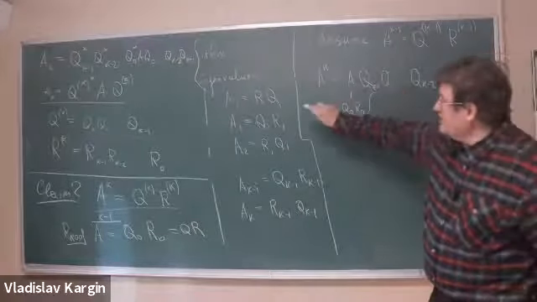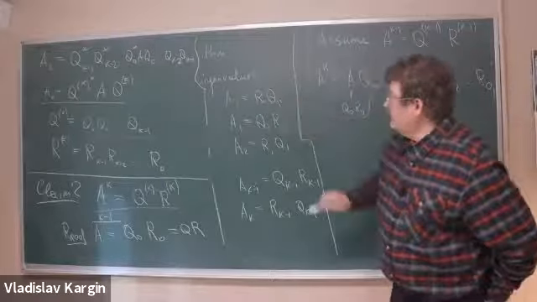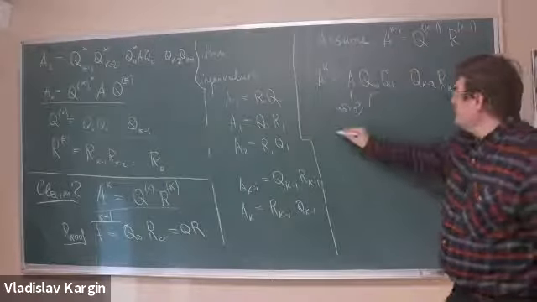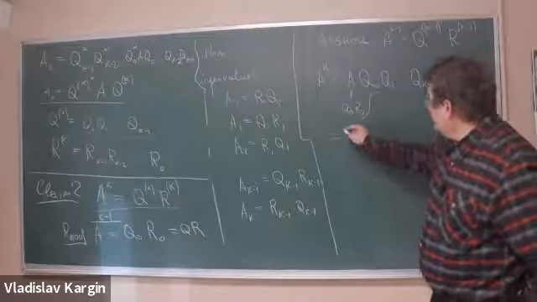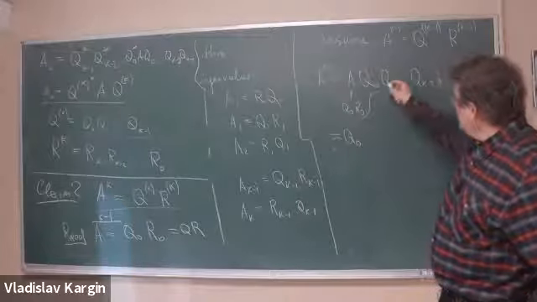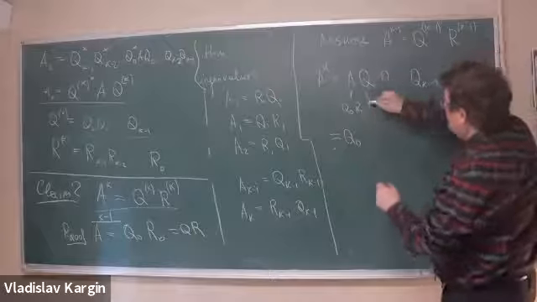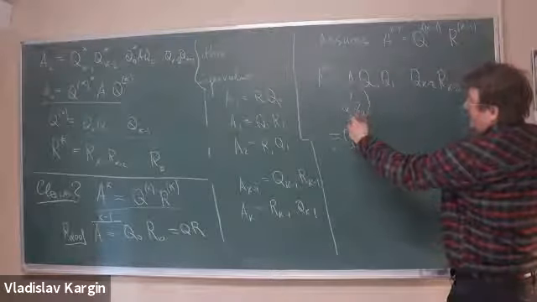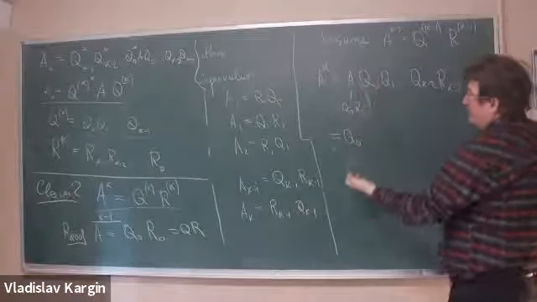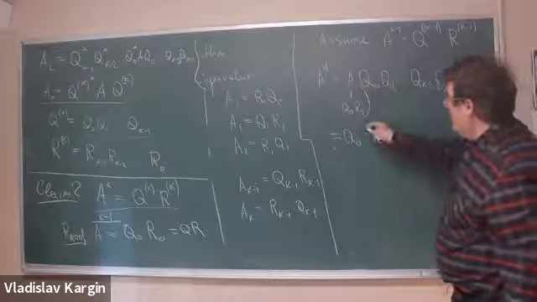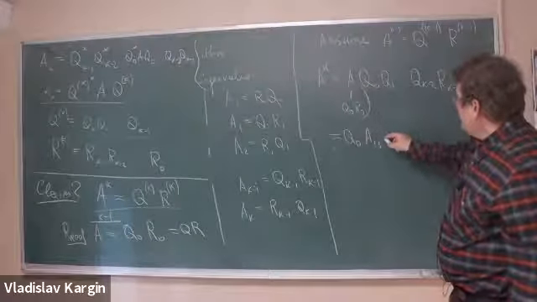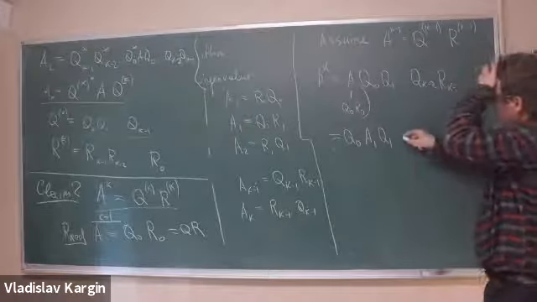So we can write that this is actually equal to Q0 multiplied by R0 Q0, which is A1. So it's A1 Q1, and so on.